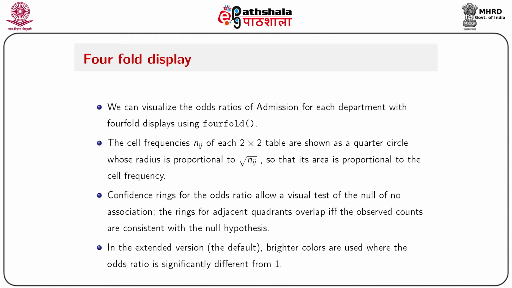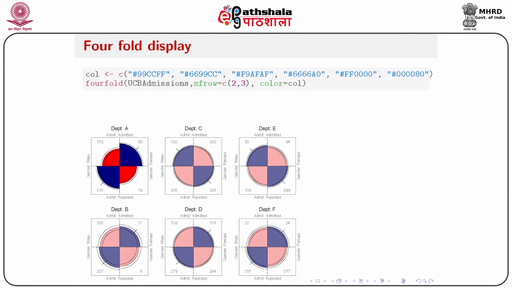If you see this example, fourfold is a function, and the UCB admission data is passed, and mfrow is 2 by 3, total 6 plots would be there. So 6 plots in 2 by 3 format that we are displaying, and the color equals the colors specified at the top of the fourfold function that I used, and then it will be displayed in this manner.